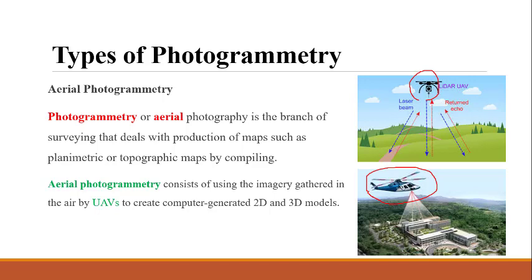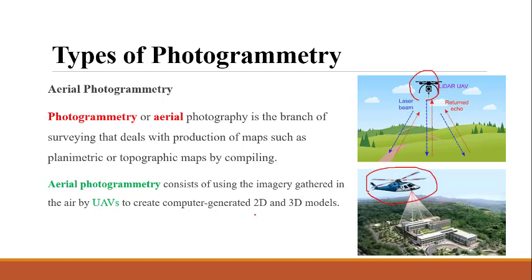This kind of survey is known as photogrammetry or aerial photography, which is then used for different purposes, like environmental purposes, hydrology purposes, civil purposes, etc. A lot of applications it has. So aerial photogrammetry is generally based on aeroplanes or unmanned air vehicles which take pictures from above the Earth's surface.